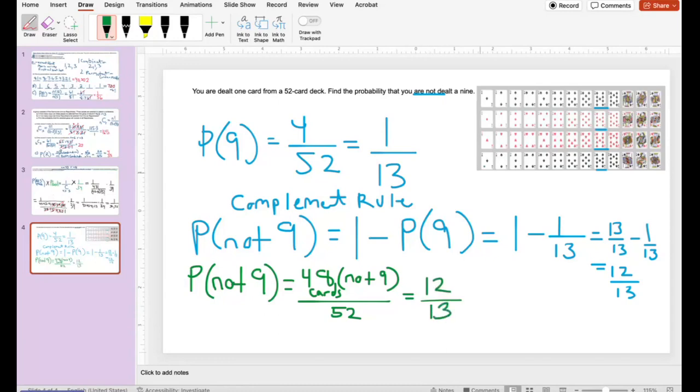So you could sit here and count out all these other ones, right? There's 48 of these together here, right? All of those, and then put it over 52. Or you can just be smart about it and count these 4 and subtract that probability from 1.